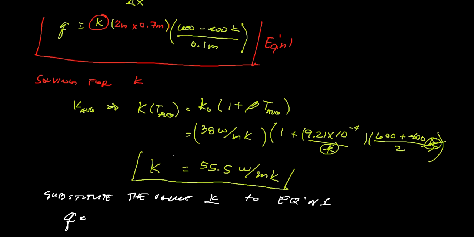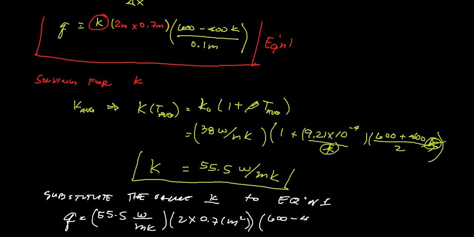So we have 55.5 watts per meter Kelvin, multiplied by 2 by 0.7, so meter squared is the unit, then 600 minus 400 K per 0.1 meter.